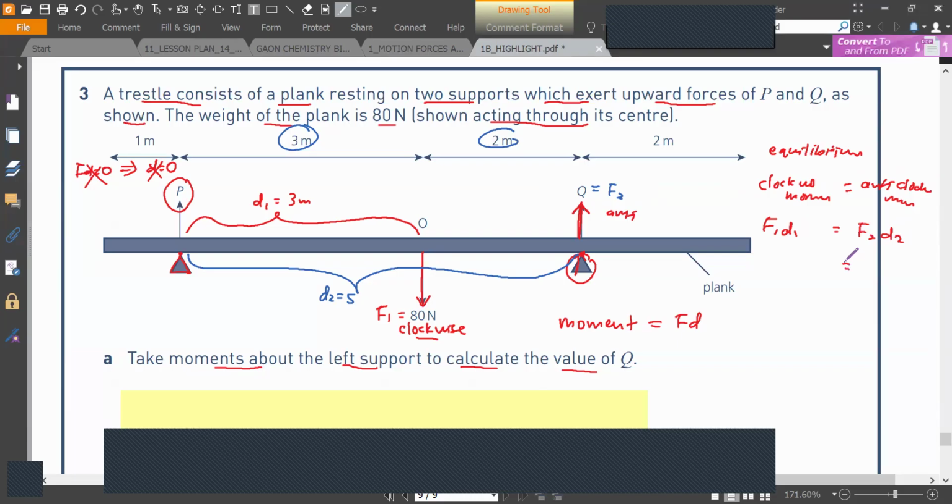F1 is 80, and the distance D1 is 3, equal to F2, which we need to find out, times D2, which is 5 meter. So 5F2 is equal to 240. F2, which is Q, which is what we want, is 240 divided by 5. That will give us 48 Newton.